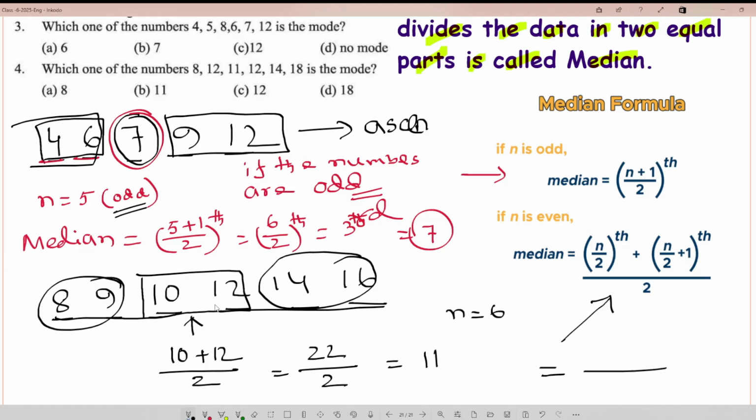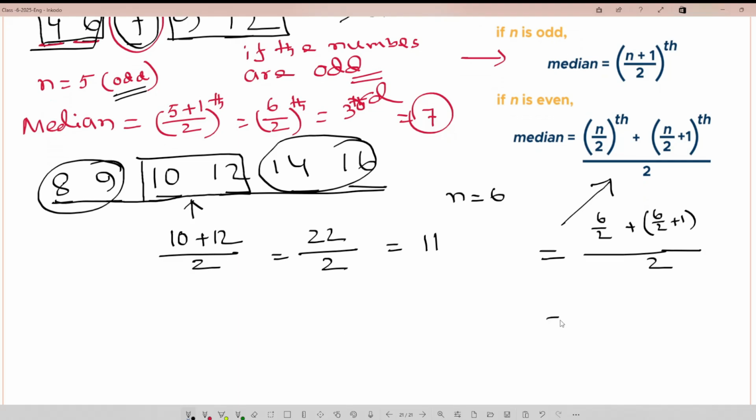How? Look, here n means 6. So 6 by 2 is 3, and 6 by 2 plus 1 is 4. The 3rd term is 10 and the 4th term is 12, divided by 2. So 12 plus 10 is 22, divided by 2, and the answer is similarly 11.